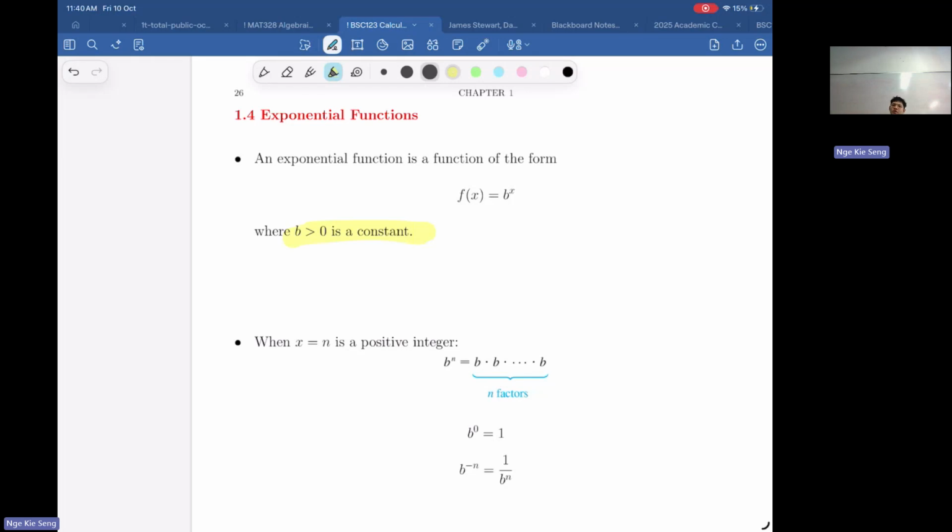What things could go wrong if b is less than 0? Any idea? No idea? Why do we fix b greater than 0? What could this x take?